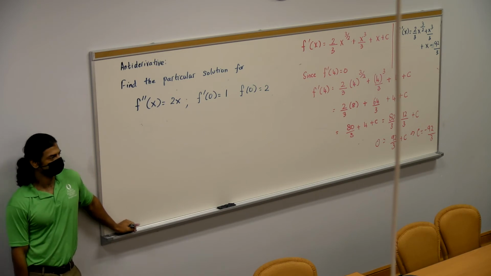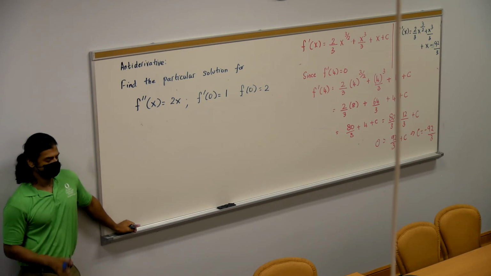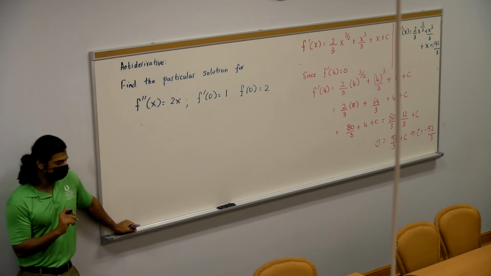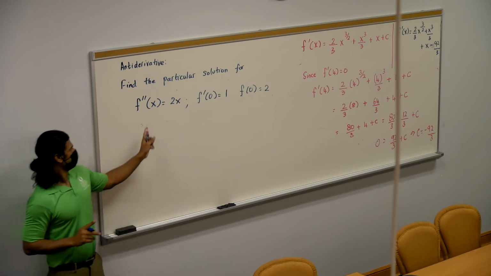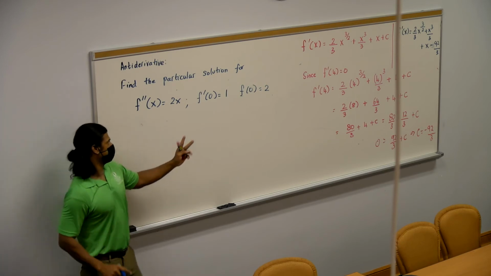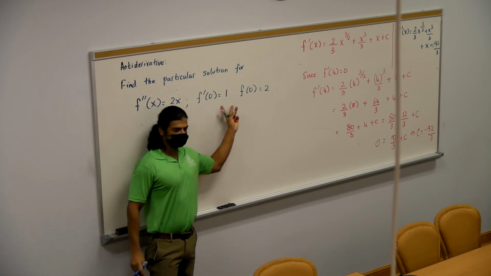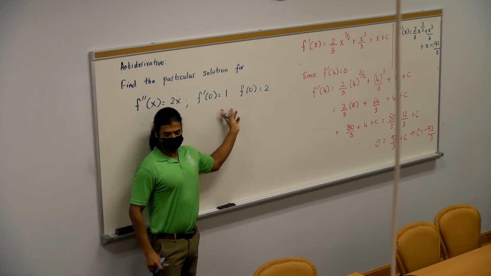You just wrote a second derivative. The last problem we had the first derivative, and to solve that, we needed one condition. Now we have a second derivative, so you would need two conditions. Does that make sense? Otherwise you can't solve.